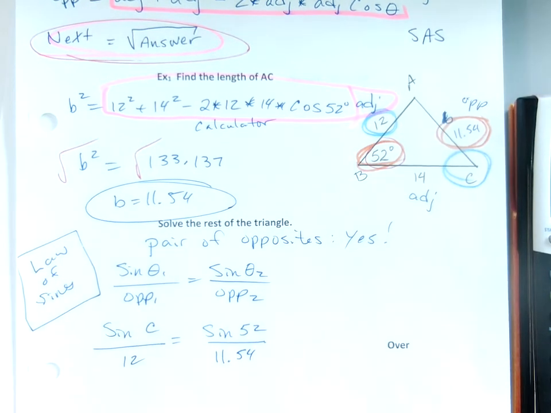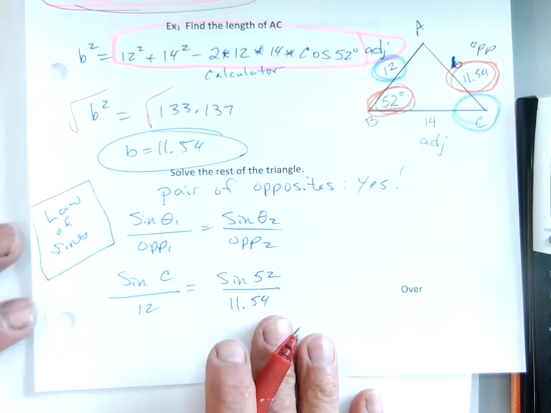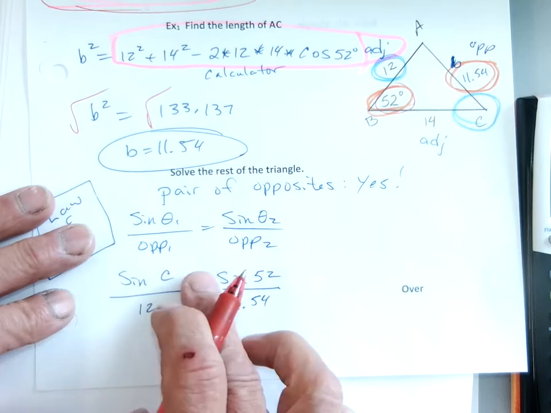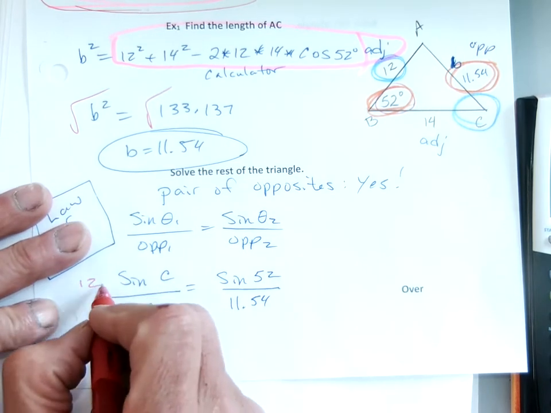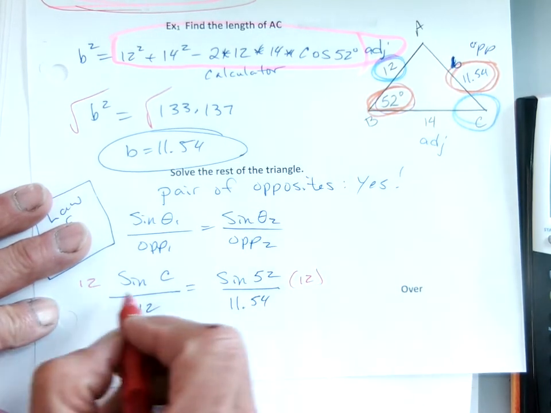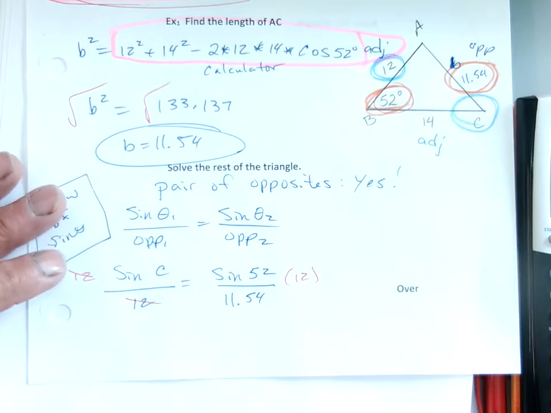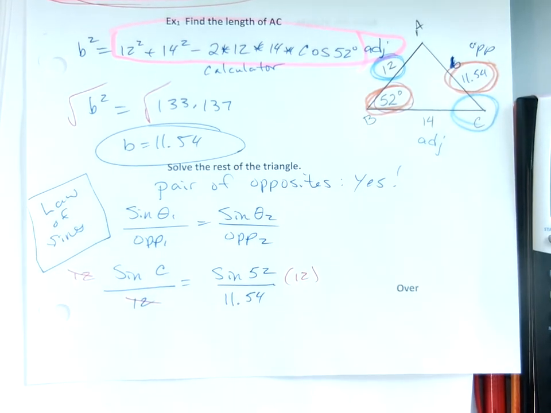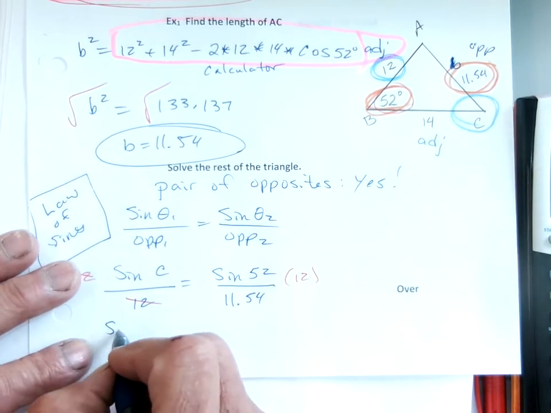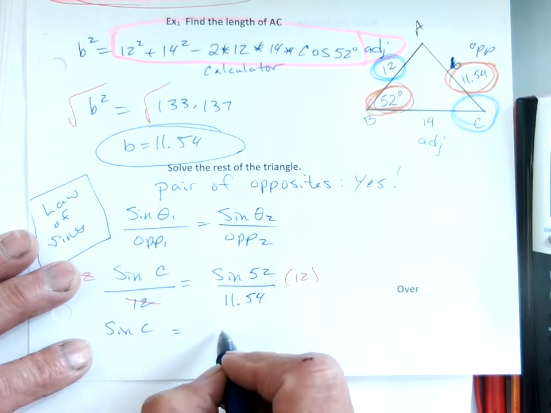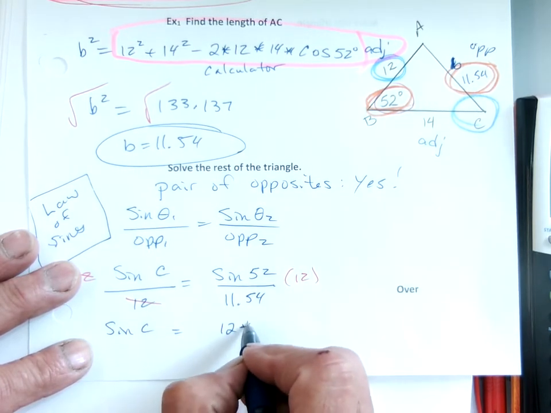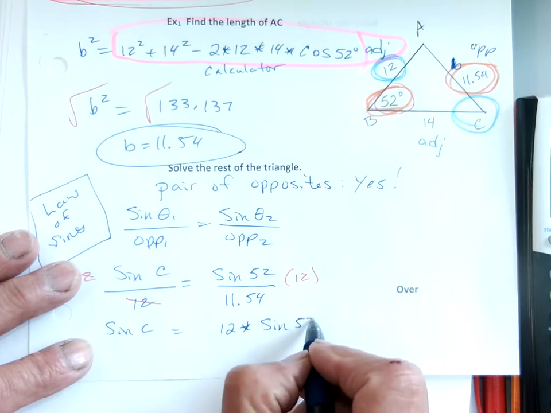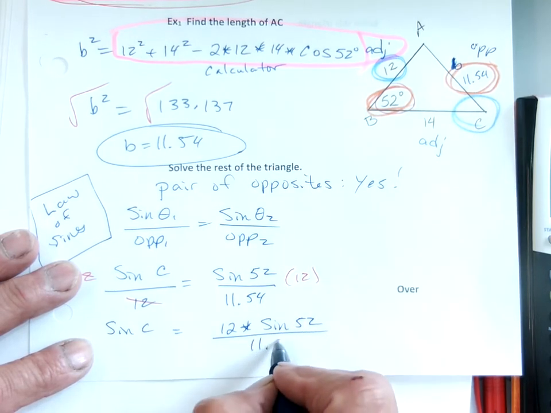Okay, now to solve for the rest of this, I'm going to solve for C, so multiply both sides by 12. I will have sine C is equal to 12 times the sine of 52 over 11.54.